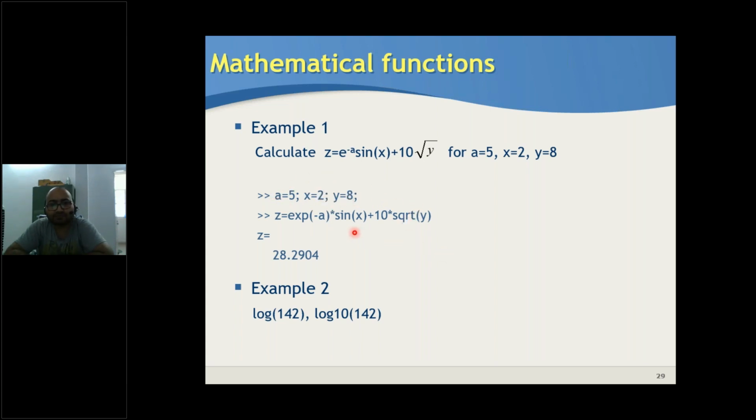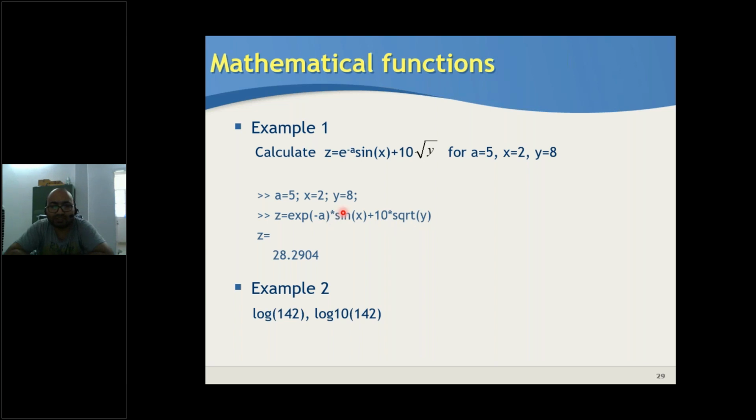After that, you have to express this particular expression in the command window. So how do we do it? We have to write z equals exp. Exp function is representing exponential function, so it will result e to the power minus a. So exp of minus a multiplied by sine of x plus 10 multiplied by square root of y.